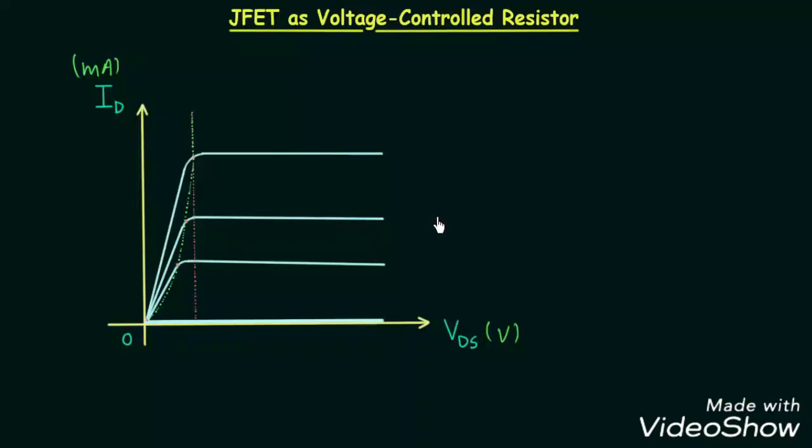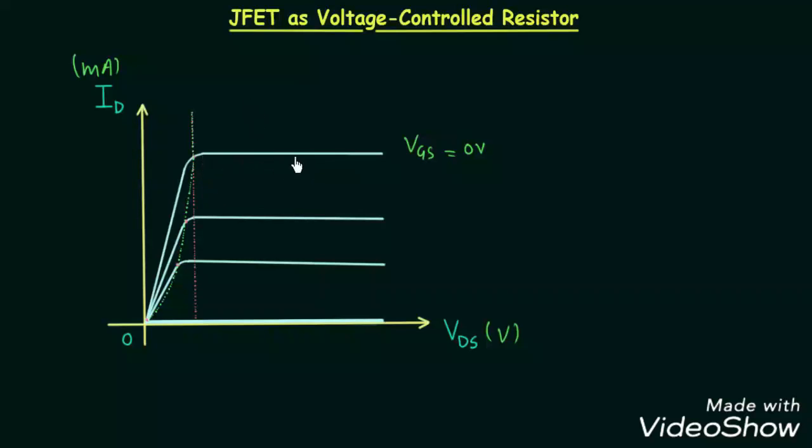So we are calling it output characteristics, and these curves are obtained at different levels of input voltage. The input voltage is VGS, it is the controlling voltage. The first curve is obtained when VGS is equal to 0 volt, and when VGS is equal to 0 volt and VDS is greater than pinch off voltage, current ID will become constant.